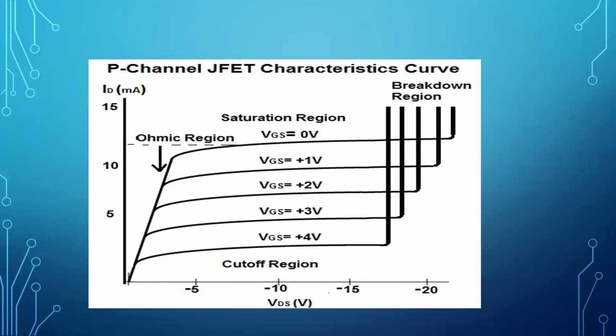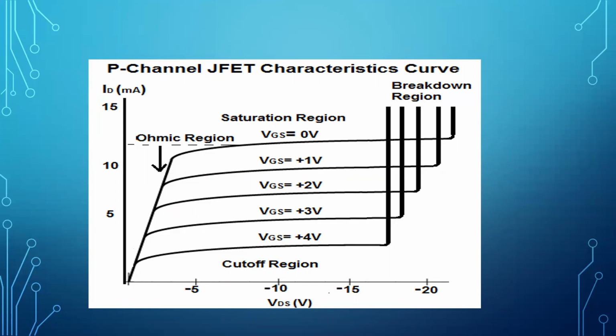The graph is between drain to source voltage VDS and drain current ID, but here the drain to source voltage VDS is negative and the gate to source voltage VGS is positive.